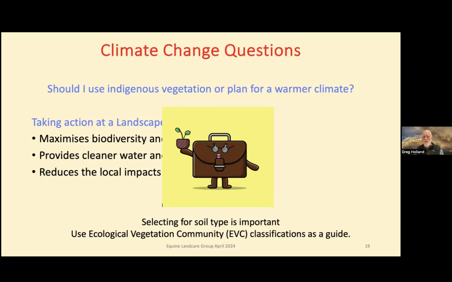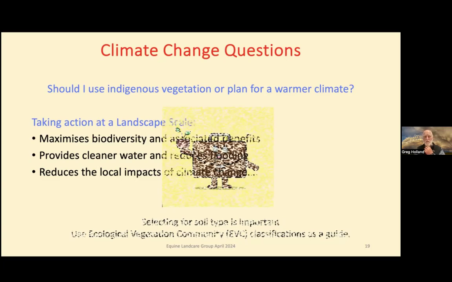I will say that selecting for soil type is important. You have to select plants that are suitable to your soil type. And that's where the ecological vegetation community classification comes in. If you don't know what that means, ask someone in landcare to explain it to you.